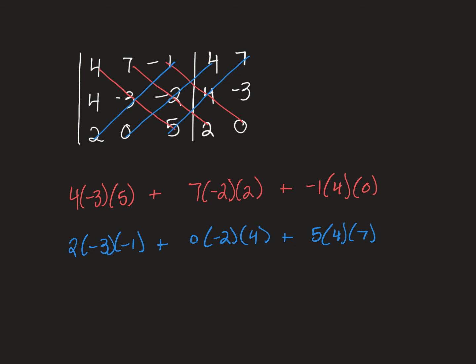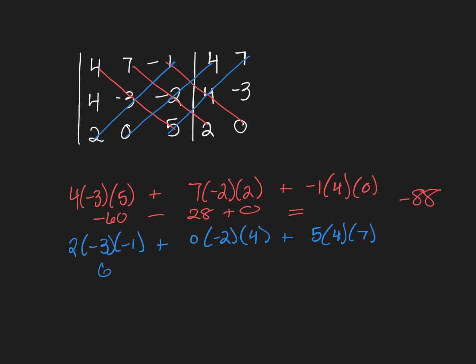So we get -60, or sorry, minus 28, because it's a -28. And then a 0. So that's going to be -88 here.